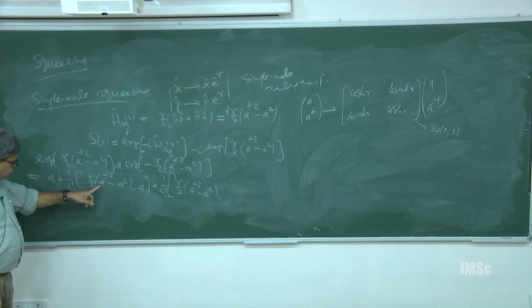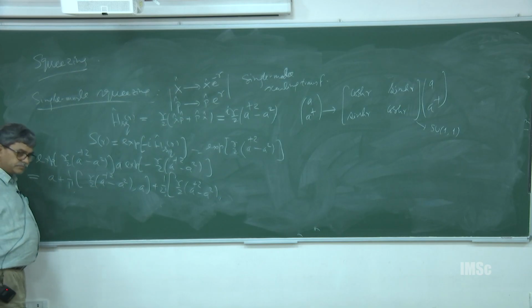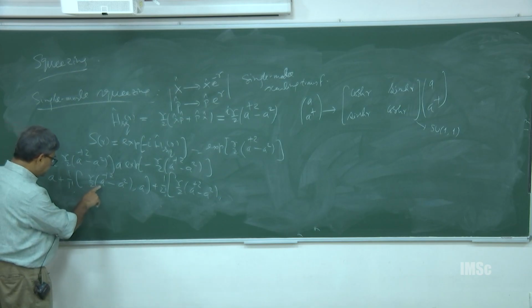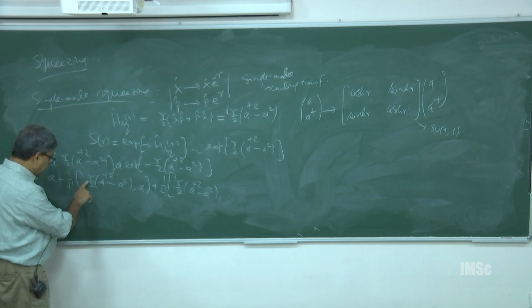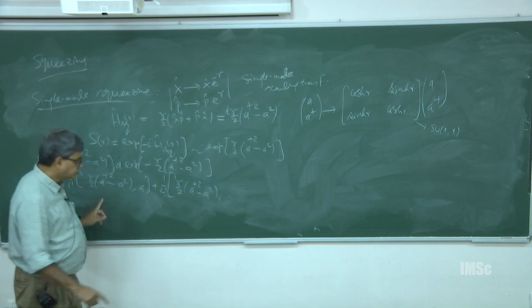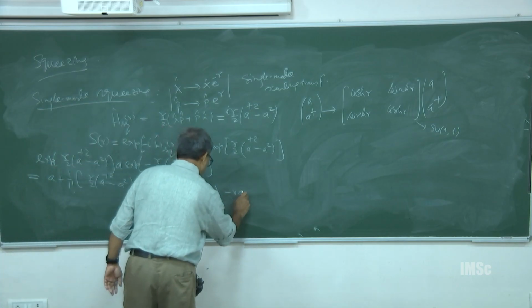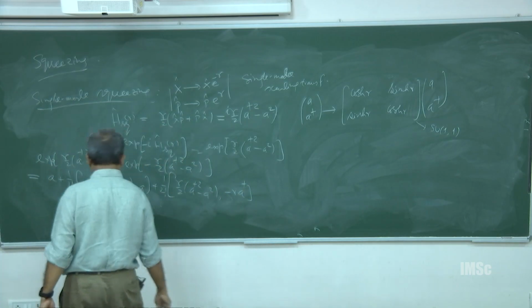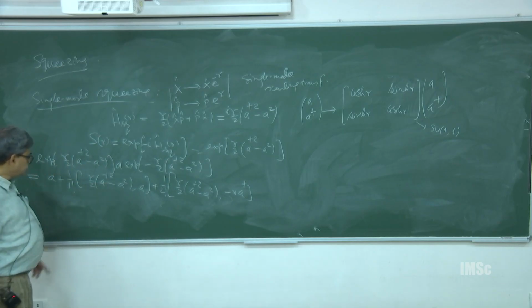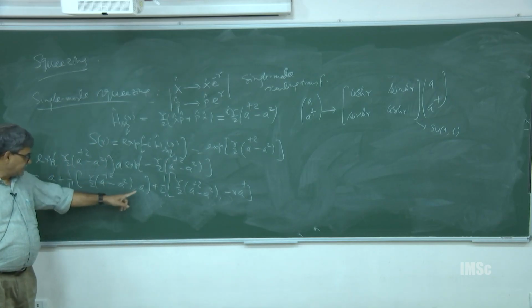This is minus r a dagger, right? This one will be a dagger, that means minus r by 2 a dagger. No, this and this.